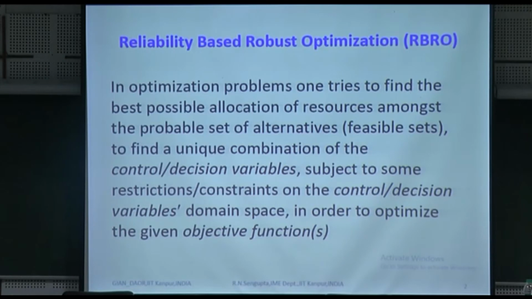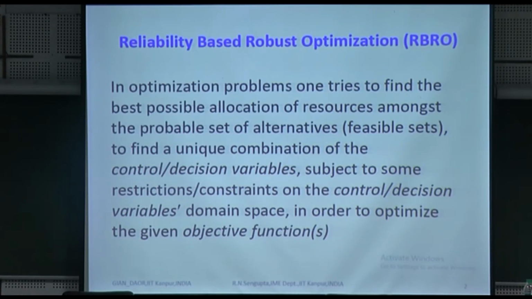So in general, in an optimization problem, our main task is to find the best possible allocation of assets or some resources. Resources are a set of alternatives which you have, and you want to allocate your resources amongst the alternatives such that you are able to optimize some criteria. Optimization doesn't only mean you want to maximize or minimize.